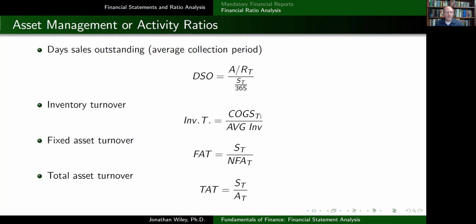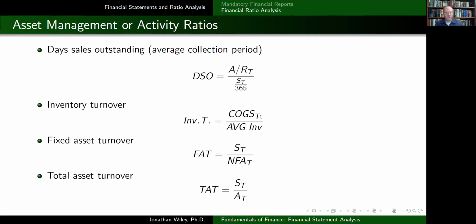Let's talk about why that's the case. Cost of goods sold is coming from a period of time because it's coming from the income statement, which is a period of time. What if a company had a whole bunch of inventory at the start of the year? They sold it all off and didn't replace it. At the end of the year, if I use just the end-of-year inventory, it would look like my company was wildly efficient with inventory turnover. They got all these sales relative to a small amount of inventory.